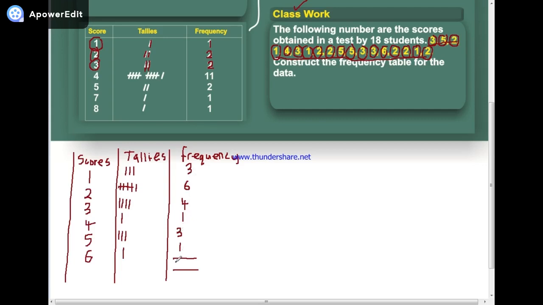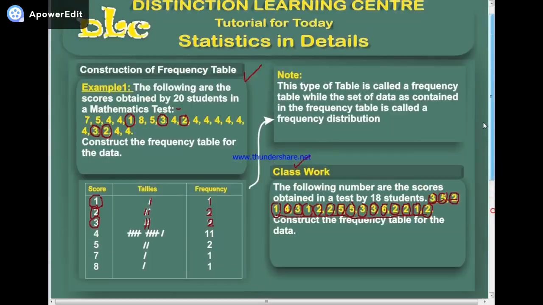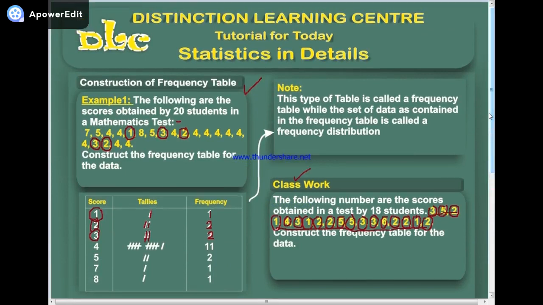And 17 plus 1 is 18. So that means you are correct. So this is everything about construction of a frequency table, in which I have strong assurance that you will understand very well and enjoy the tutorial.